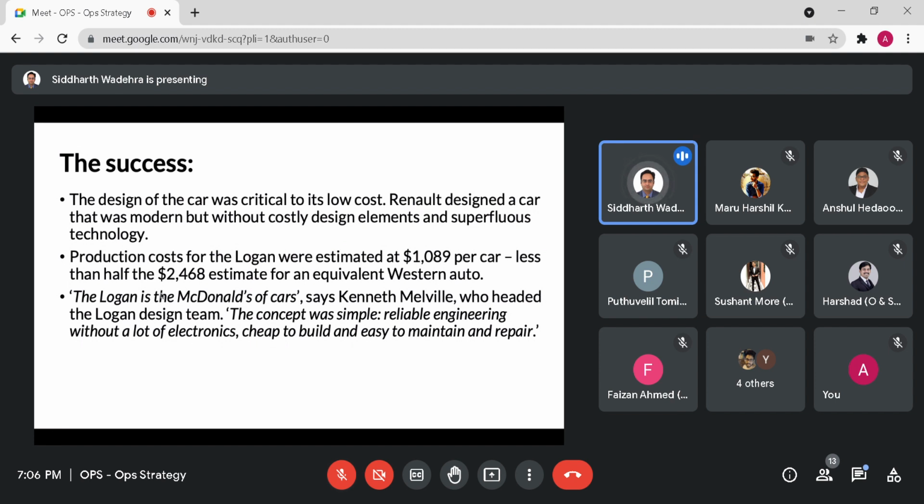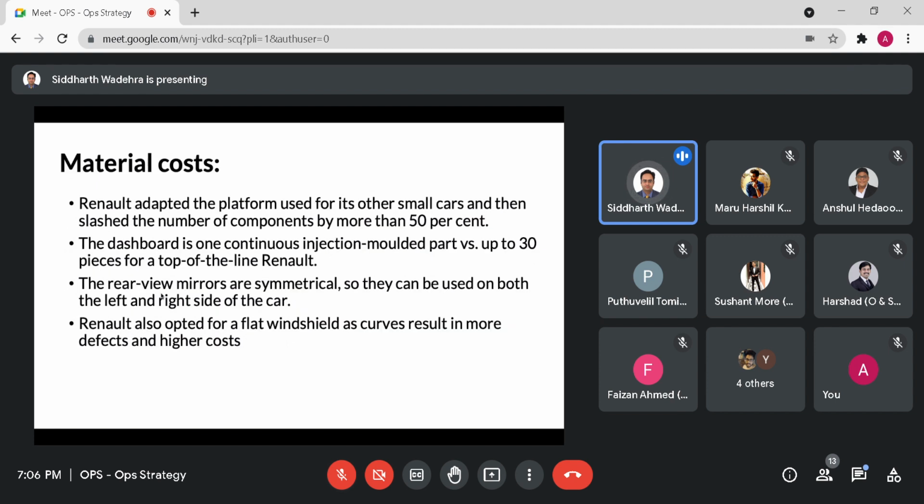I think 26 of their suppliers were within a radius of about 15 kilometers, so at any point of time they would never run out of spare parts. And of course, material costs were kept to a bare minimum.